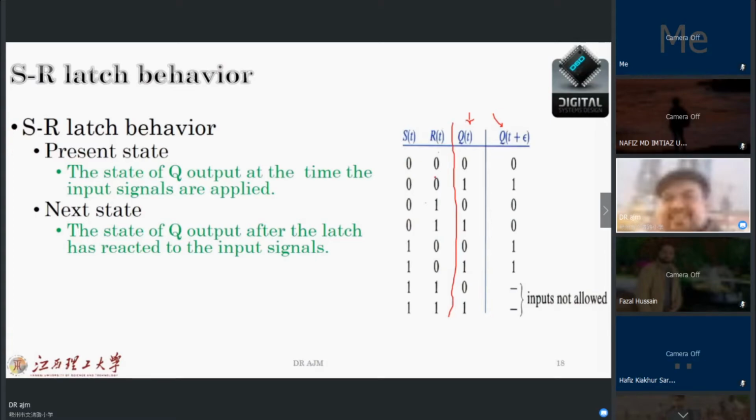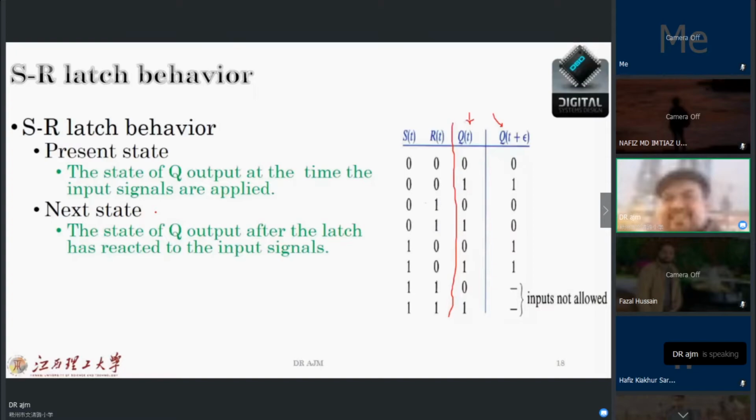Then we should have t plus some time, as I show you in the figure. The present state is the state of the Q output at the time that the input signals are applied. And the next state is the state of the Q output after the latch has reached a steady condition.